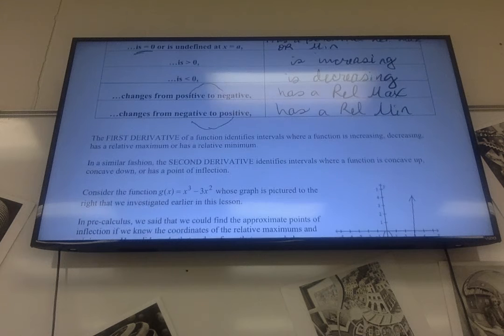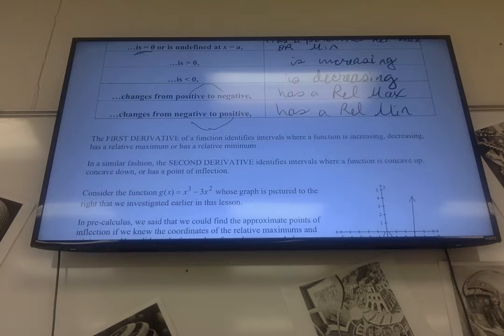Okay, so the first derivative is what tells us if it's increasing, decreasing, whether we have a relative max or min. The second derivative tells us whether it's concave up or concave down or has a point of inflection.